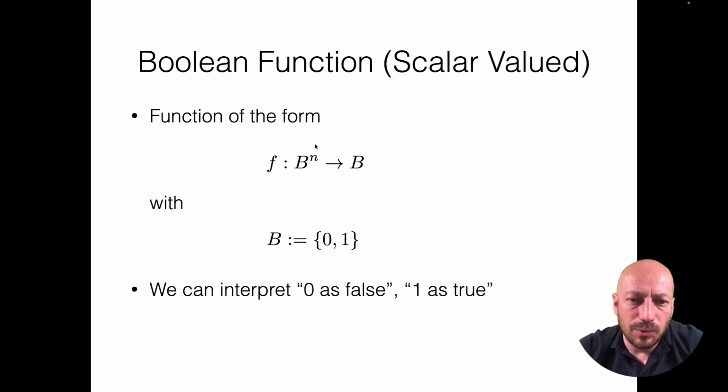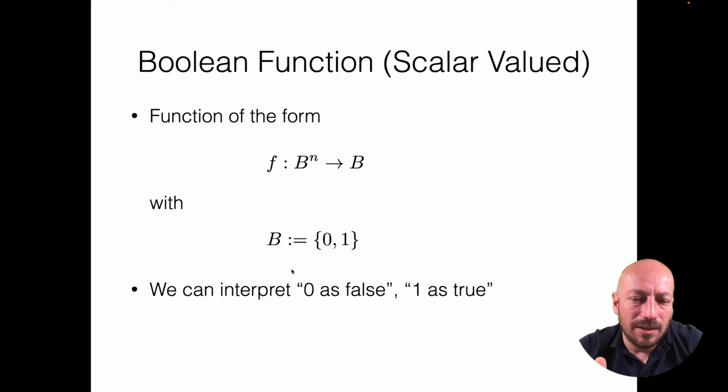Now, here, this Boolean function f has this domain B^n and this codomain B. So the domain and the codomain both are described using this definition for this set B, which has exactly two elements, 0 and 1. And then we know we can interpret 0 and 1 differently.